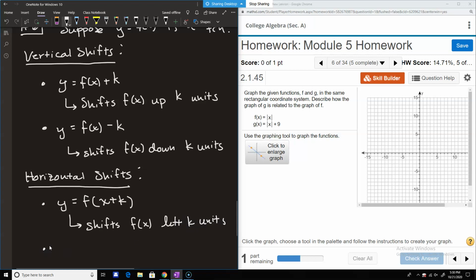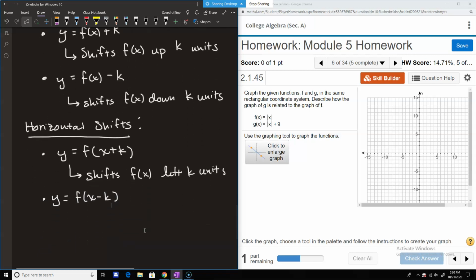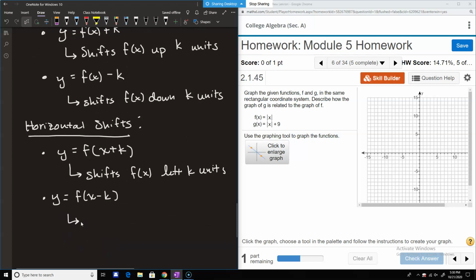Which will leave f of x minus k to go right k units. So this shifts f of x right k units.